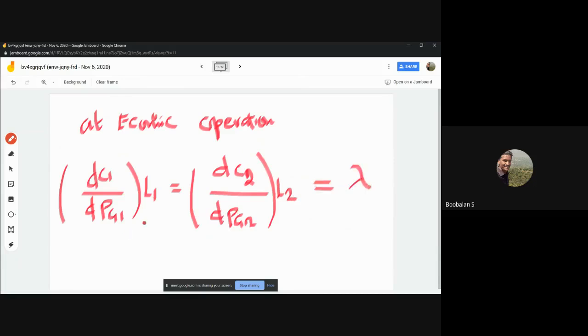This is the economic condition. But if you have one more generator, there will be one more incremental fuel cost function and its penalty factor will also come in. Then it will be like the Lagrangian factor for the constraint.